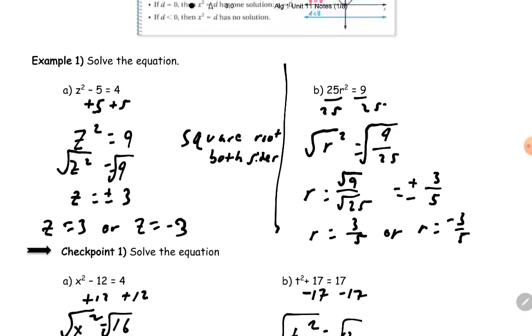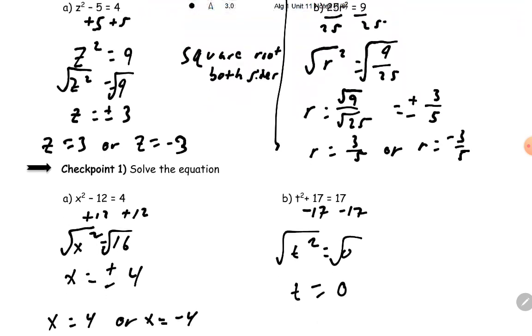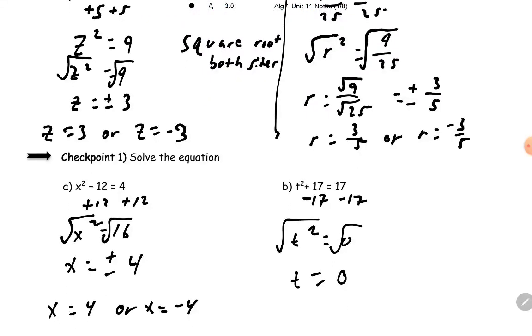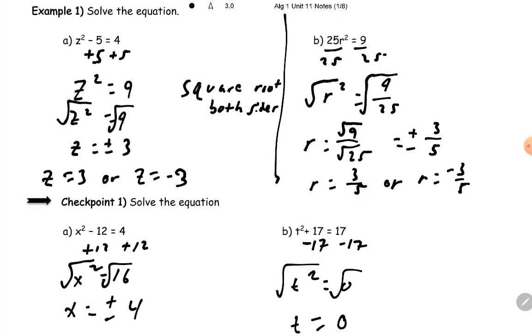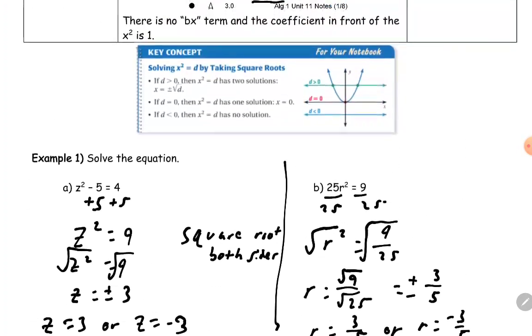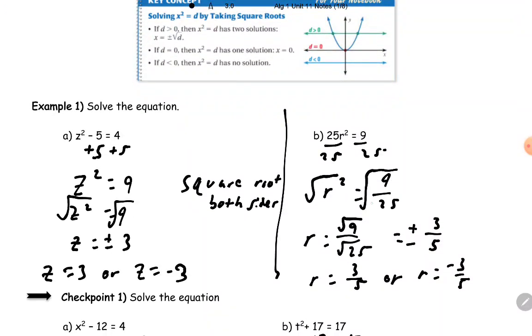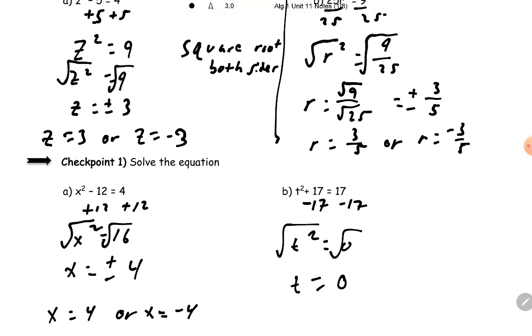Oh, and I did skip over something here. When your d value is positive, and that's after we add things over or divide, so in all these examples, everything was positive except for part B. Part B was 9/25, part A was 9, part A in checkpoint 1 is 16, and part B was 0.